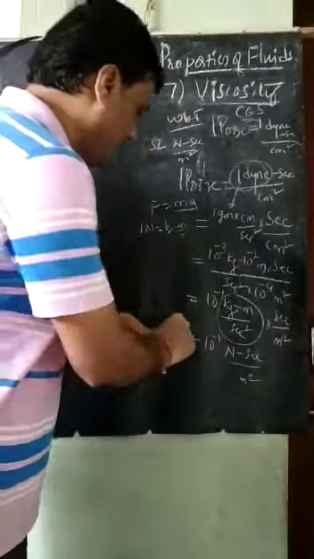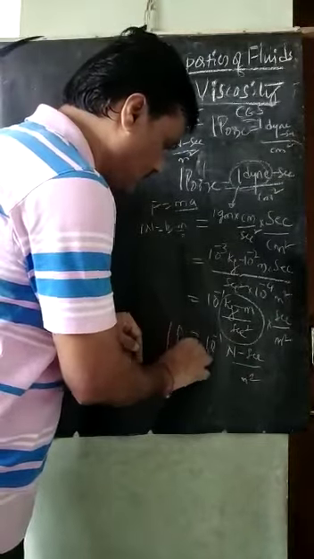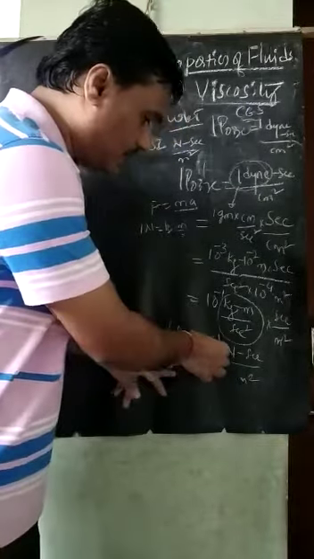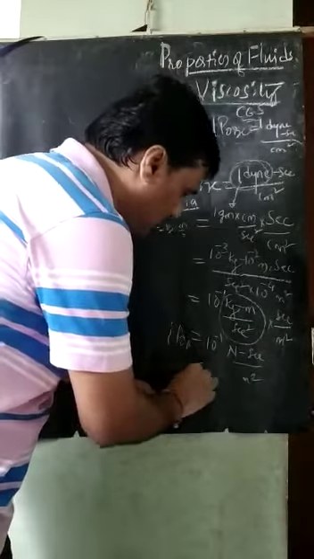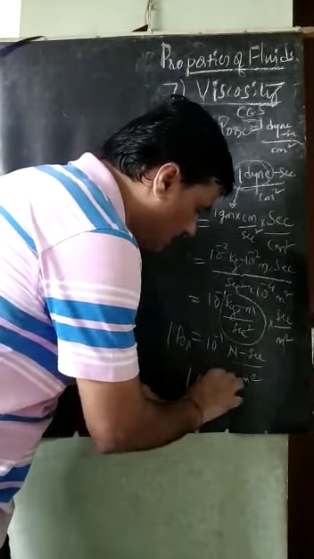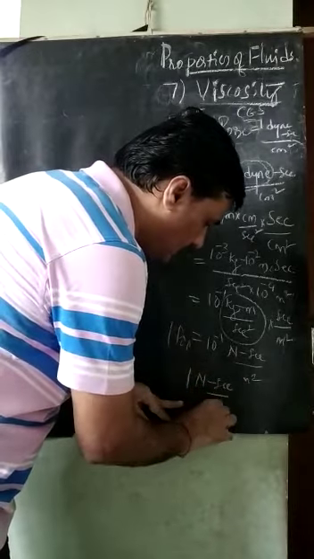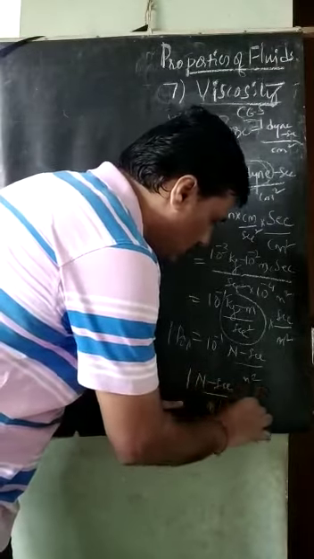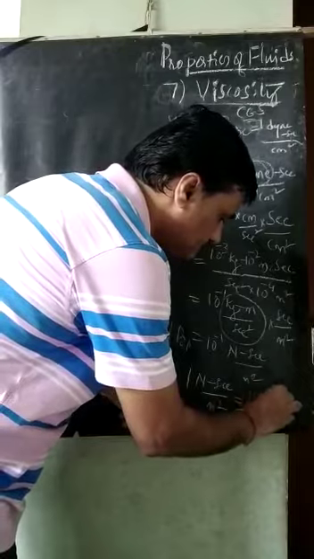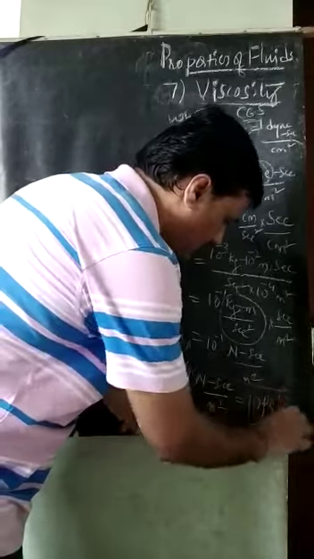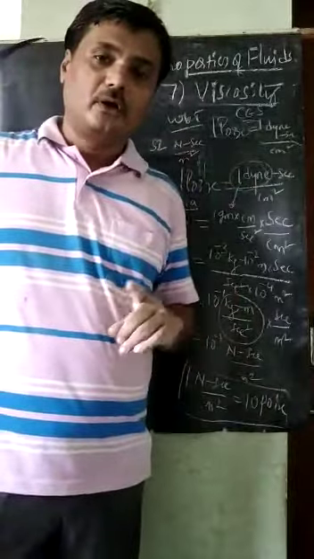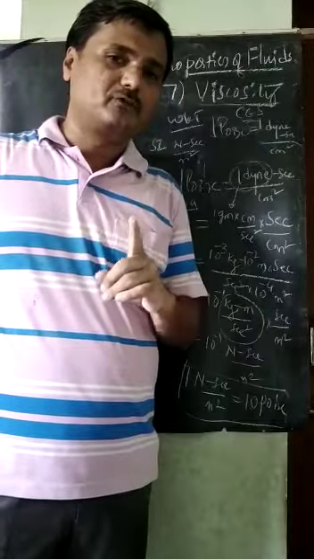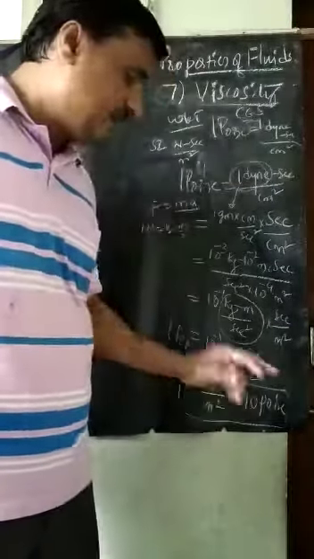So what is this one? This is equal to 1 poise. So therefore, 10 raised to minus 1, if I take this side and above, what I am getting from this is 1 Newton second per meter square is equal to 10 poise. It is proved here. So therefore 1 Newton second per meter square is a bigger unit than the poise.